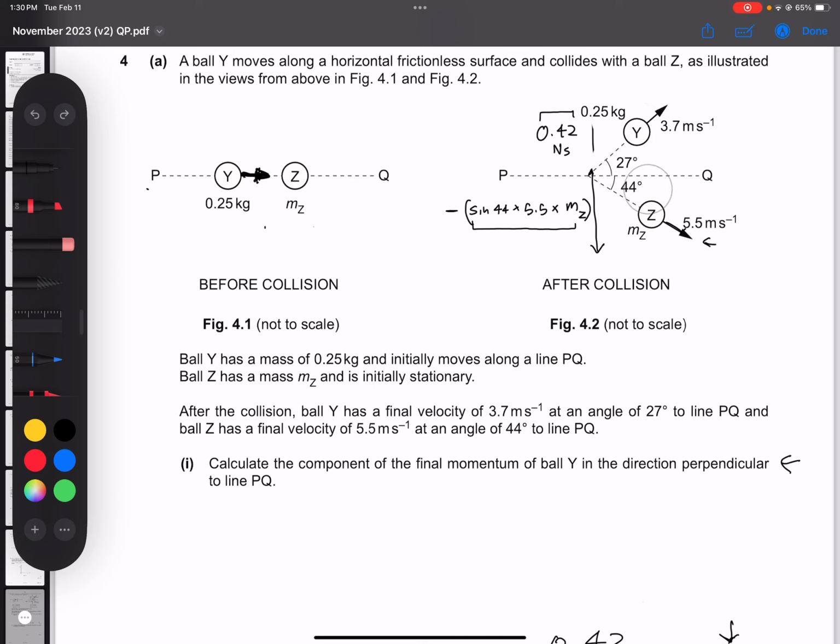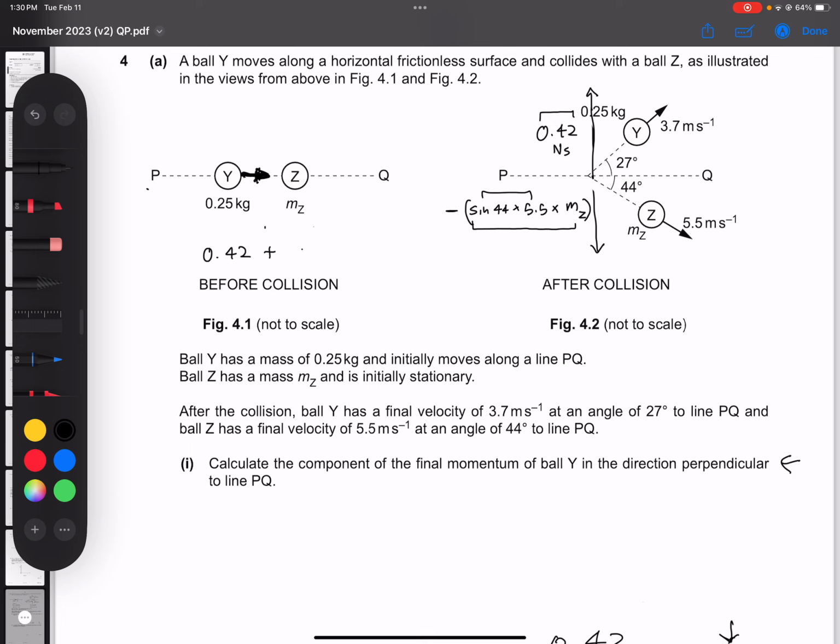So, let's form an equation. We know that 0.42 plus, let me simplify this, sine 44 into 5.5 with a minus sign.